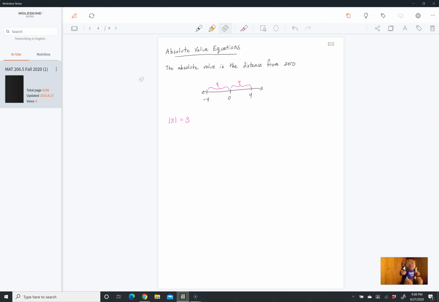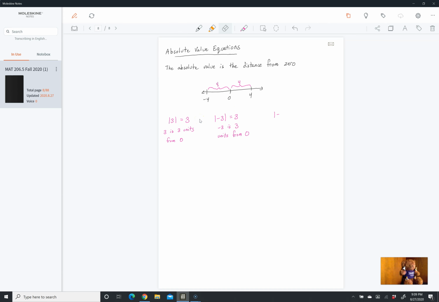The absolute value of negative 3 is also 3. Negative 3 is 3 units from 0. That's why they're both equal to 3.